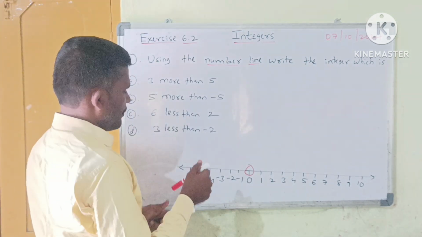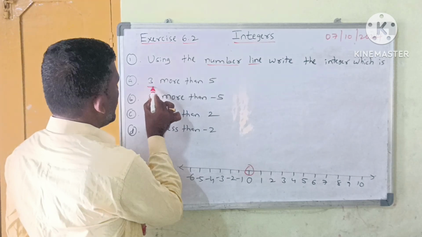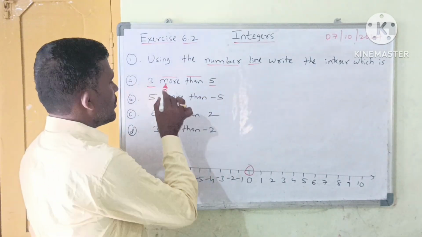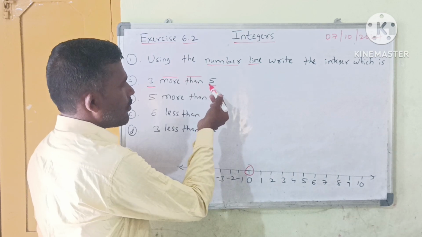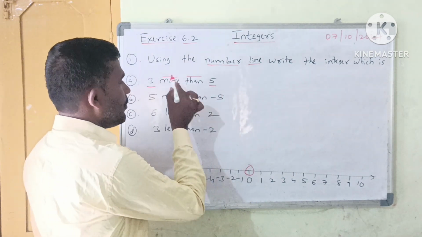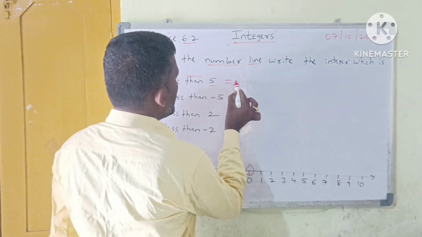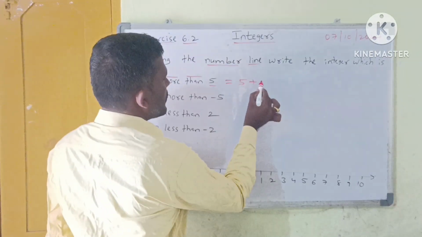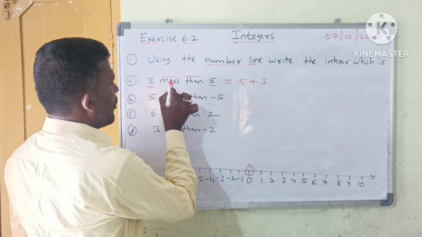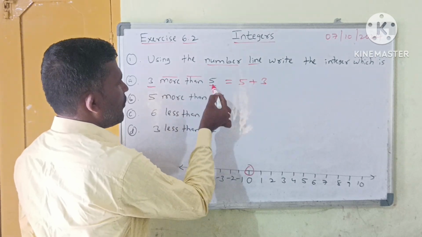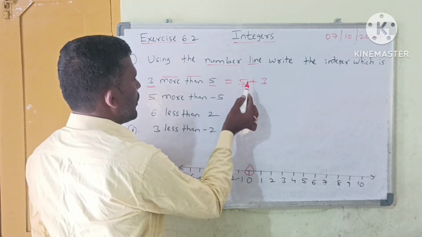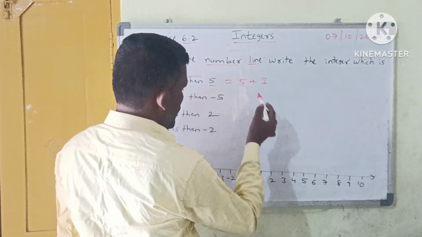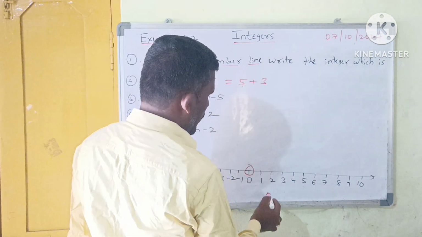The first one is 3 more than 5. More is nothing but plus, so 3 more than 5 is 5 plus 3. After 5 you have to count 3 more. So first I am pointing the 5 here in the number line.